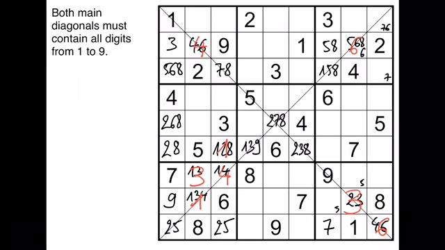Not sure I'm getting there. Oh. I might have done this too soon. Now this 5, 8 pair says that this is not a 5 and this is a 5. This 2 gives a 2 in here.